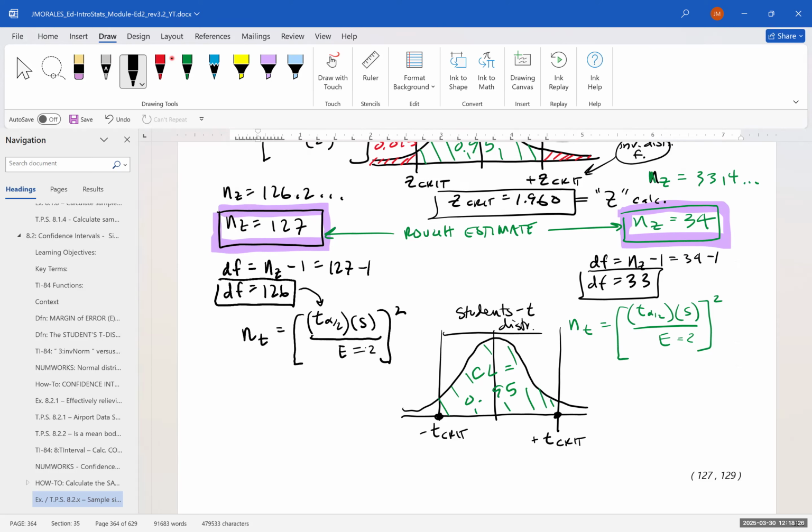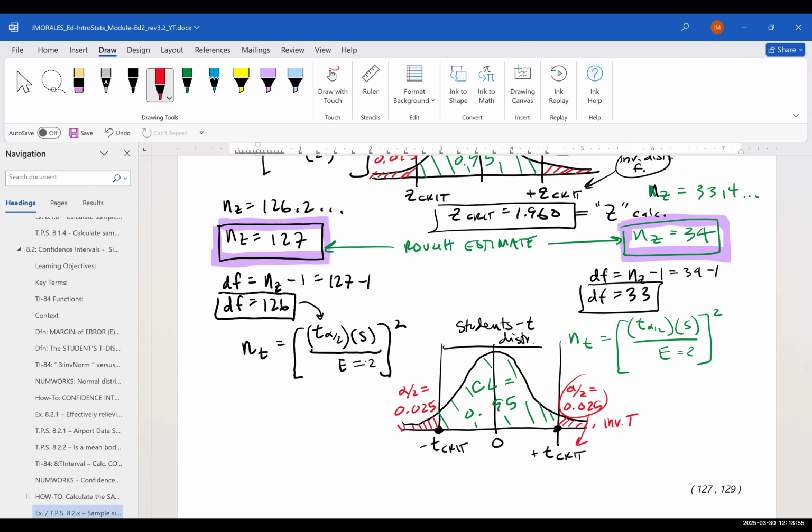It's those two numbers on the number line. And we'll have a significance level divided by 2 of 0.025, which would be the area there. And an area of 0.025 is the area on the left. And so now we need to use inverse t, like an inverse t function, to convert this area into that value. So let's do that.